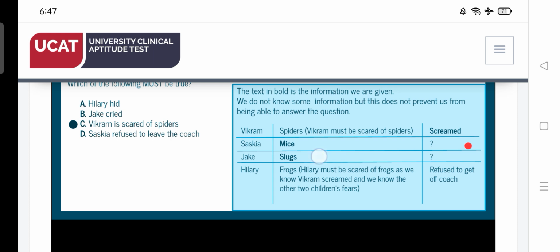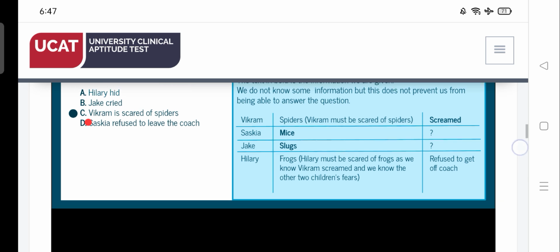It's just about mice. Jake, slugs. Larry, frogs. Larry must be scared of frogs. As we know, Vikram screamed, and we know the other two children's fears. Refused to get off the couch. That's why we know option C is correct, that Vikram is scared of spiders.